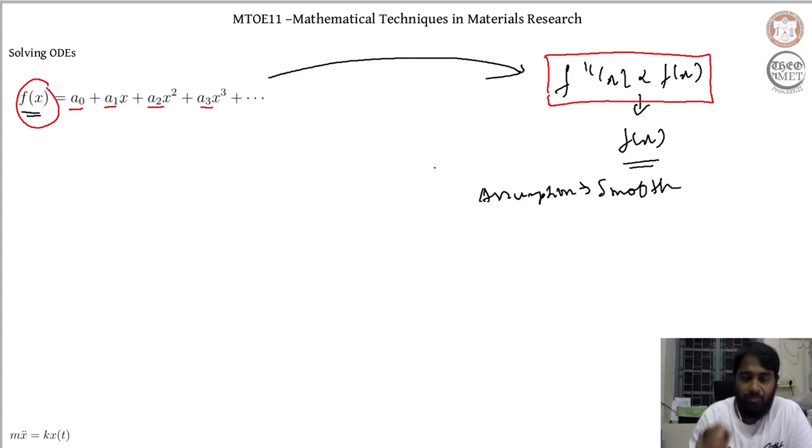So let me repeat, I have a mathematical relation that stems from my materials study, and this equation is something that I'm interested to solve.